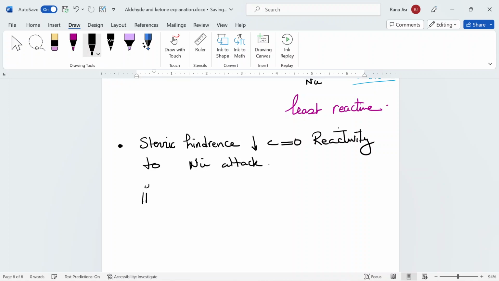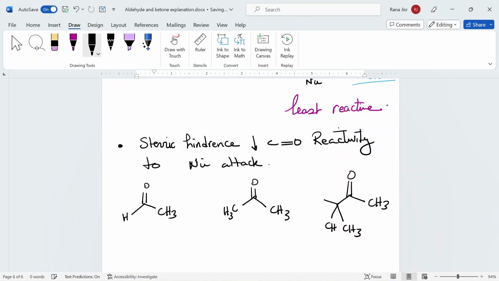For example, if we have an aldehyde, a ketone, and a bulky ketone. So let's put a tertiary butyl over there. So let's have 3 R groups around that. And in each one of those, we have a nucleophile, and the nucleophile wants to attack the carbonyl.